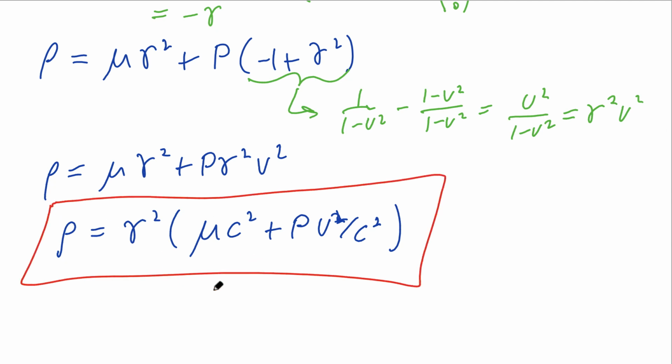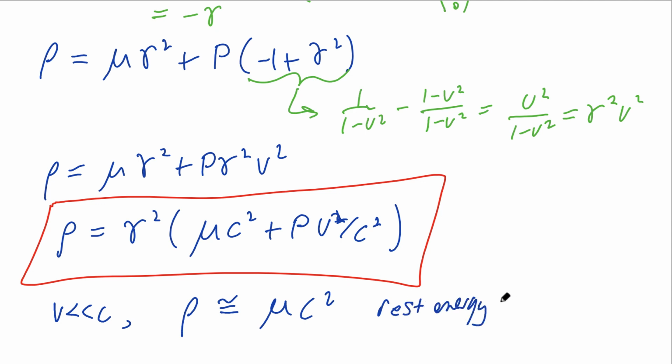So you can see that when the velocity of the fluid is much smaller than the speed of light, the energy density is dominated by this term, and this is just the rest energy density. So it's just the rest mass per unit volume times c squared.